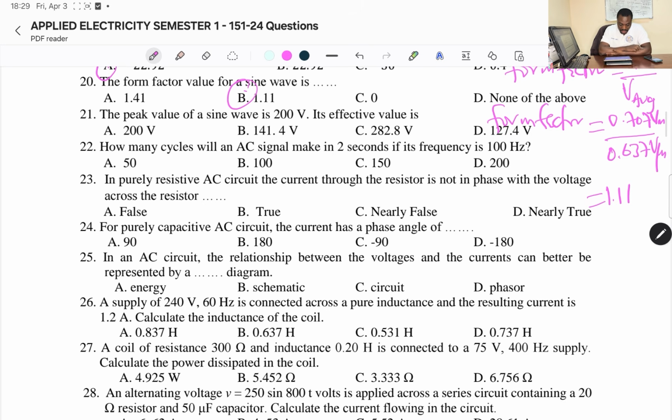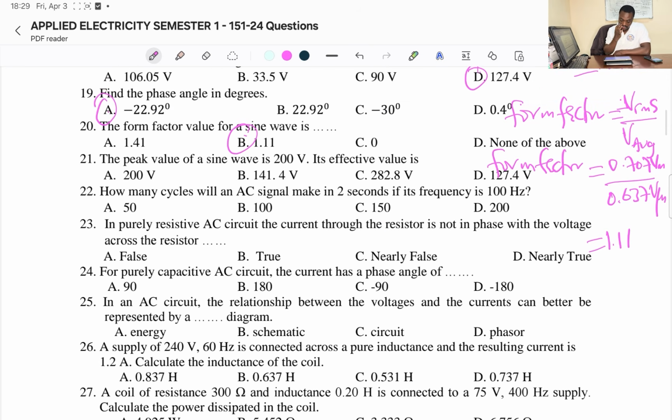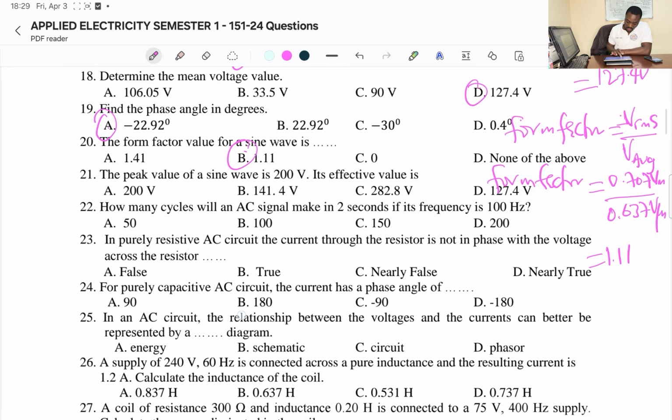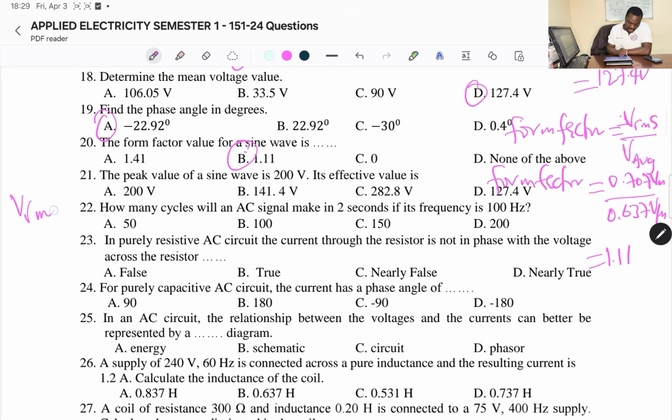Okay. The peak value of a sine wave is 200 volts. Its effective value is, so again, effective value is the same as root mean square value. So that means here, we just want the root mean square value. That is VRMS equals 0.707 times the maximum value. That maximum value is giving us what? 200. So we just have the root mean square value equals 0.707 times 200.